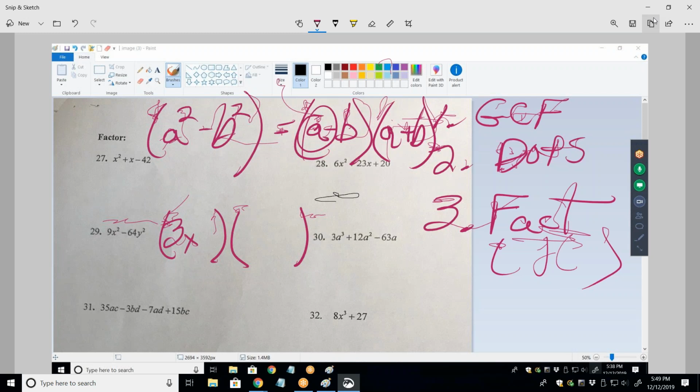Think of some numbers. It's 8, right? What's the square root of y squared? Just y. So this is minus 8y. 8y is the square root of 64y squared.